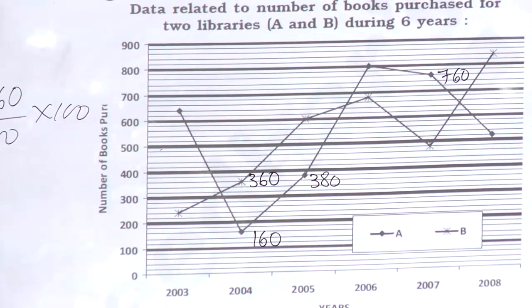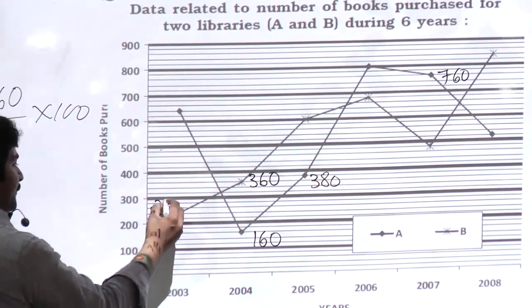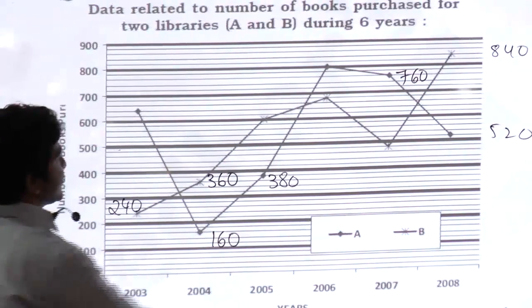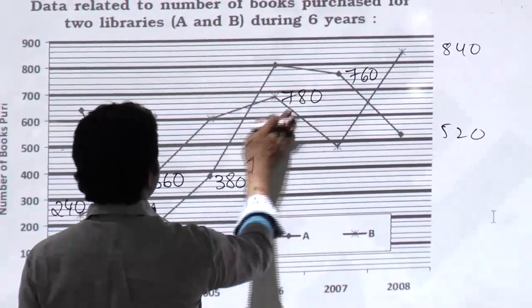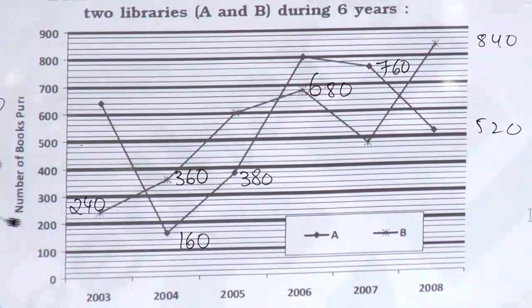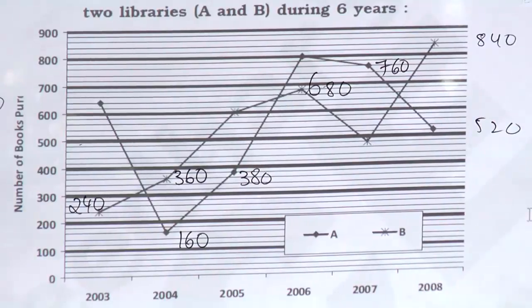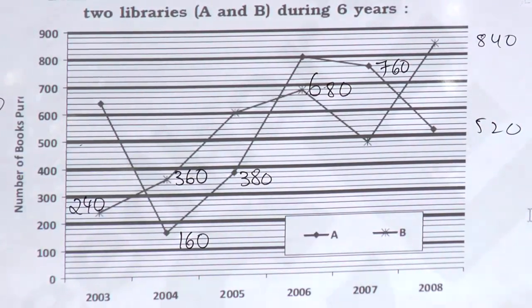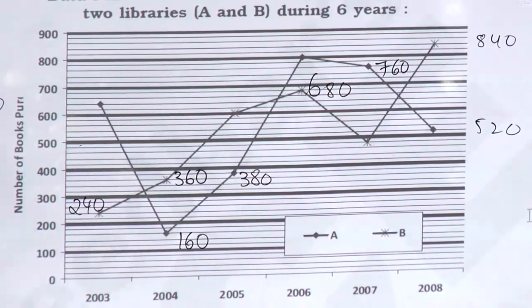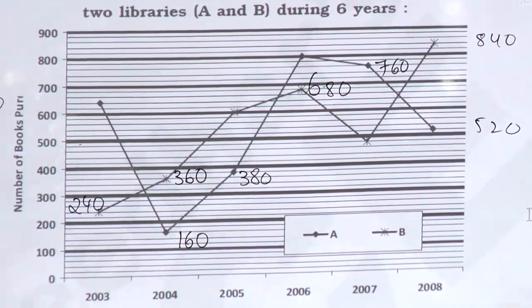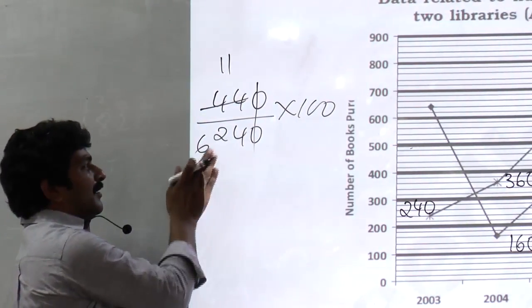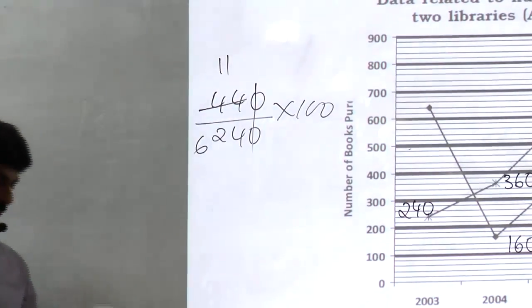49. The number of books purchased for library B increased by what percent from 2003 to 2006? In 2003 for B we have 240 and in 2006 we have 680. 680 is how much more than 240? 440 more. 680 is 440 more than 240. Zeros cancel. This is 11 times and this is 6 times. 11 by 6.